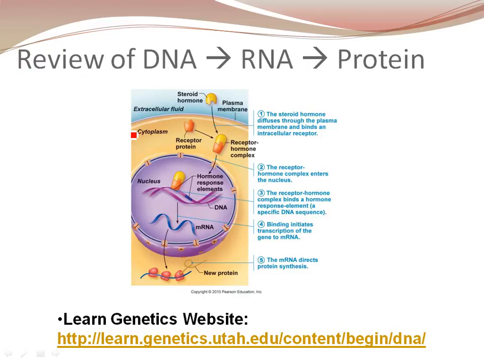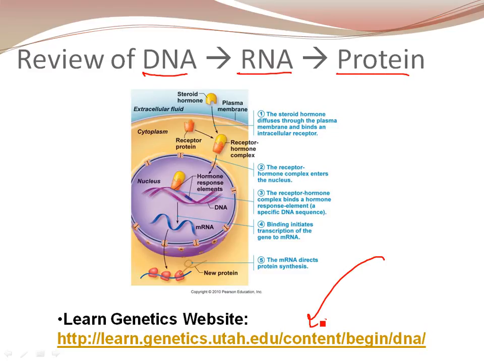Okay, if you want to know a little bit more, or you want a refresher on this DNA to RNA to protein story, there's a really good website that's linked down here at the bottom called the Learn Genetics website, which was put together by the University of Utah. It's not overly complicated.